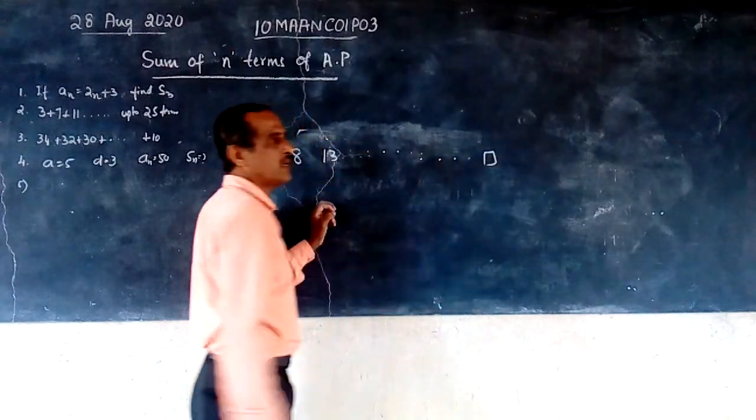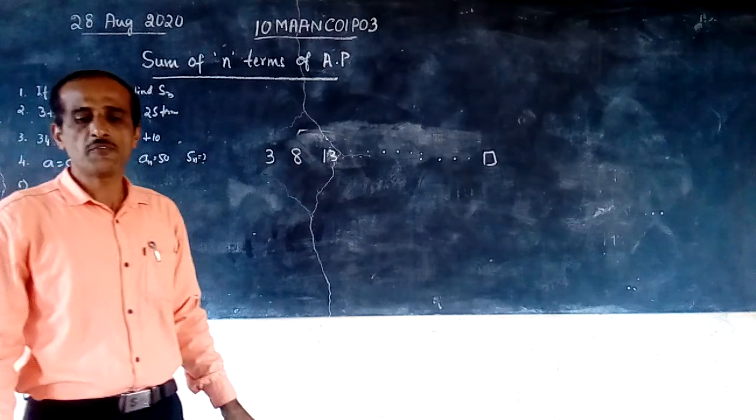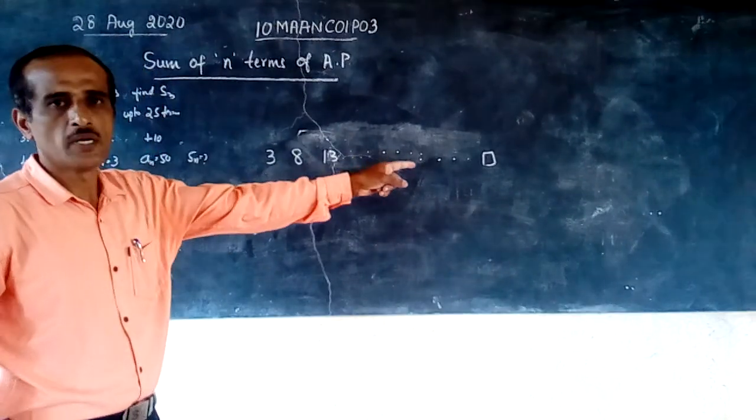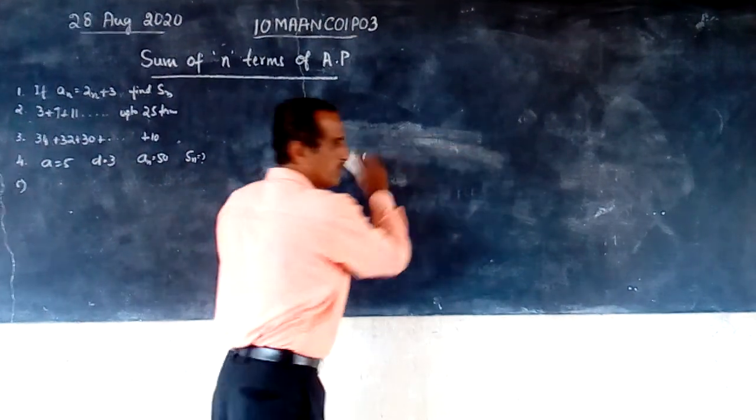How do we find the sum of the arithmetic progression? It is very difficult to find this sum directly. Such cases you can very easily solve using a formula.